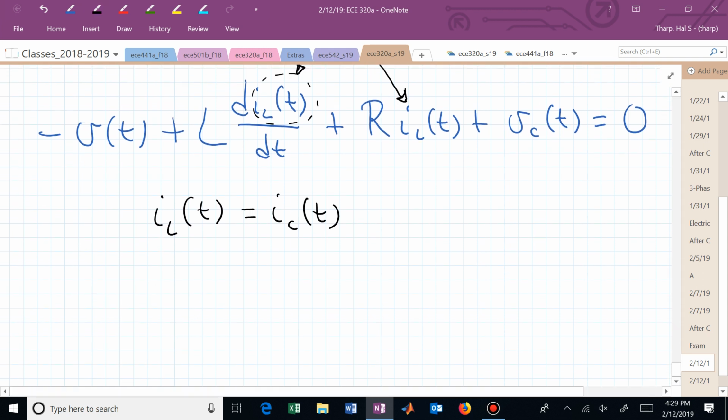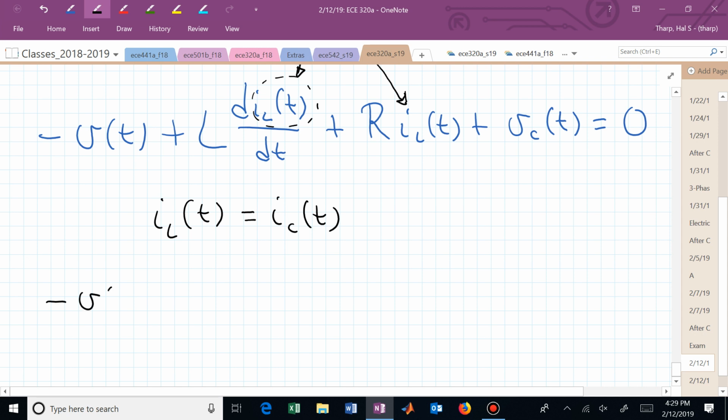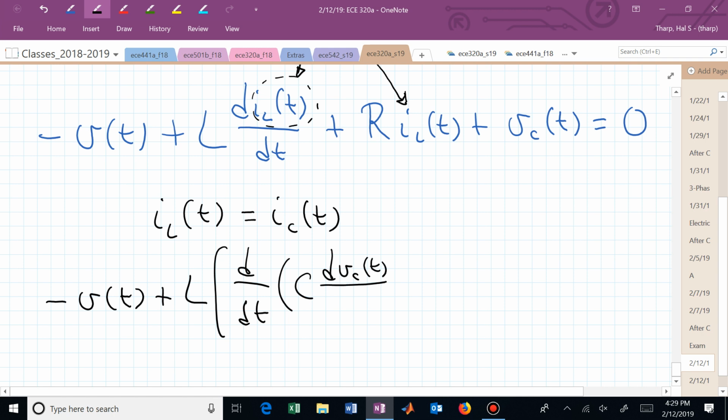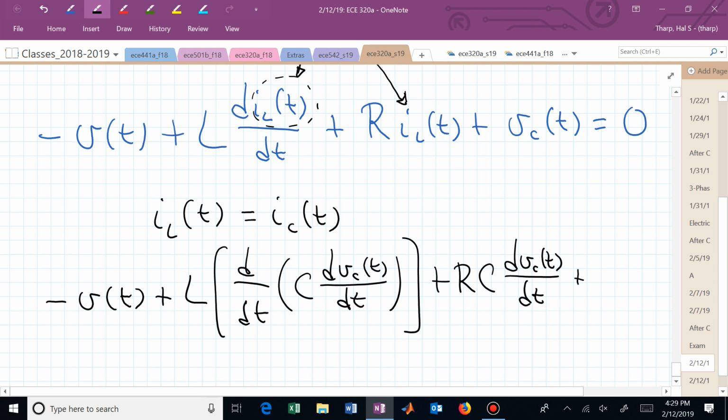Let's now say we have minus V of t plus L d by dt of C dV C dt plus R C dV C dt plus V sub C of t is equal to 0.